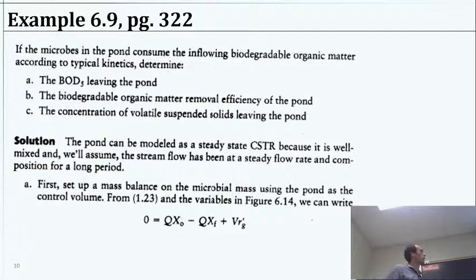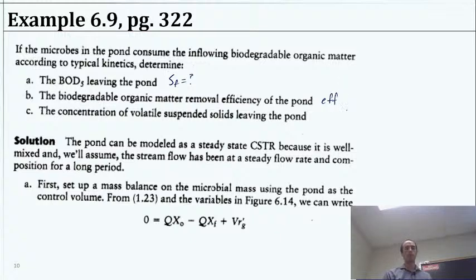Okay, so if the microbes in the pond consume the inflowing biodegradable organic matter according to typical kinetics, determine A, the BOD leaving the pond, that's the SF, right? B, the biodegradable organic matter removal efficiency of the pond. So for removal efficiency, we don't have some specific efficiency term here.